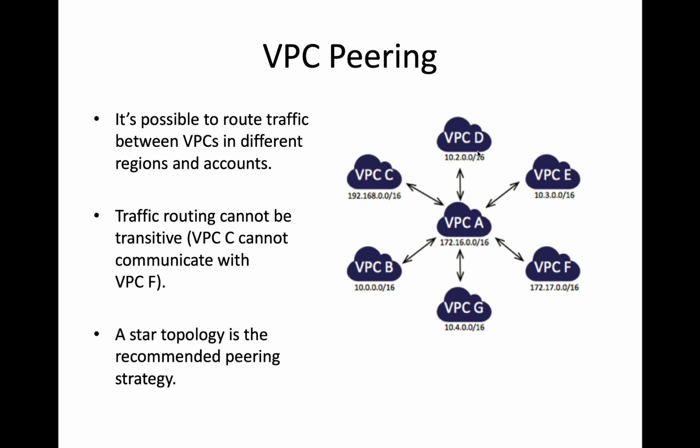And so if you were to set up multiple VPCs and you needed to get data from one VPC to another VPC, you might set up this sort of star topology in order to support that particular use case.